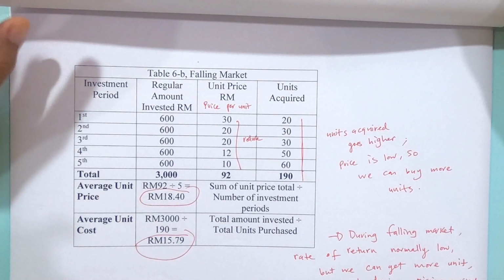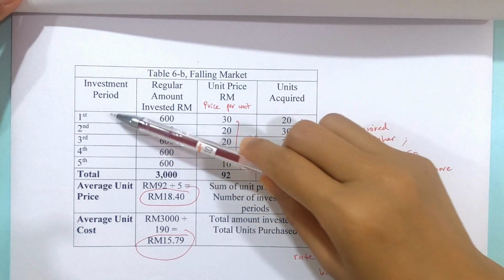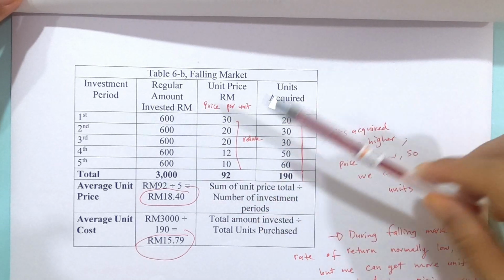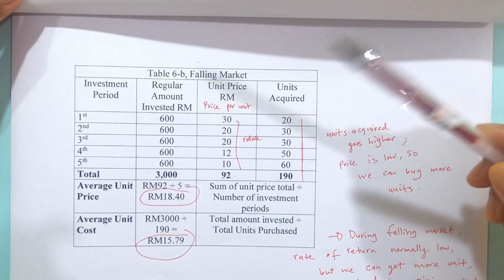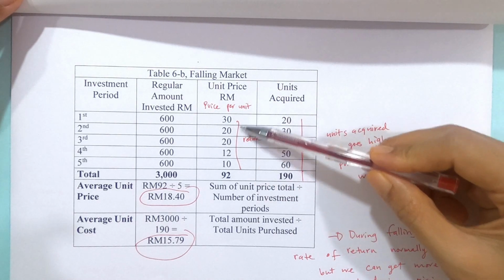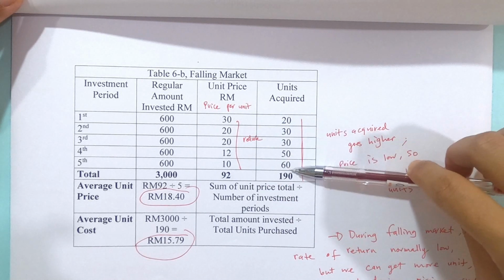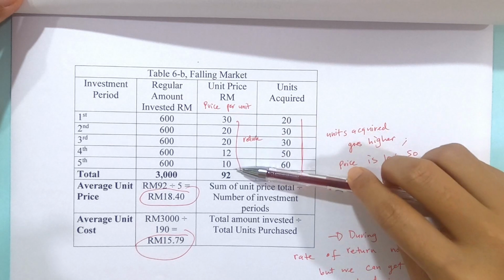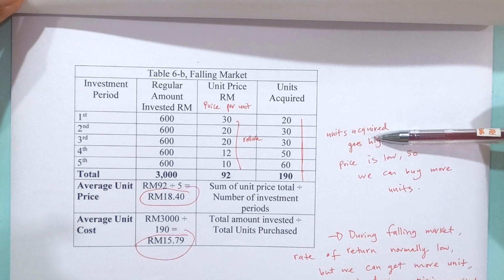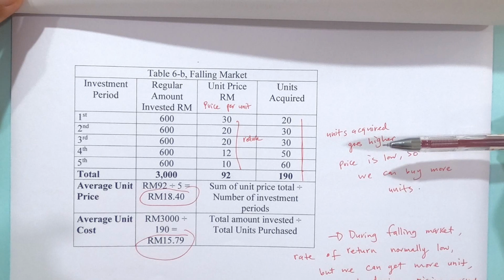Nevertheless, during a falling market, if we are consistent with the amount that we invest, the price per unit is reduced from 30 to 20 to 12 to 10, and the units acquired increase because the price per unit has been reduced. Units acquired get higher because the price is low, which means we can buy more units.